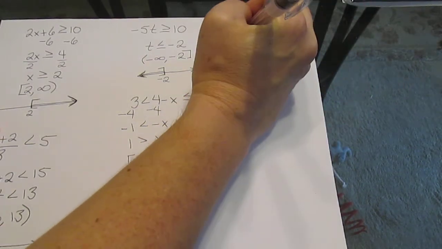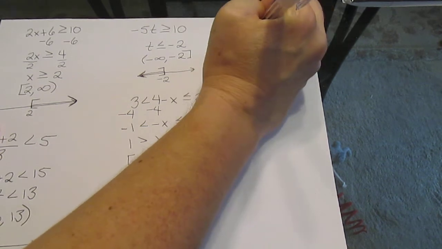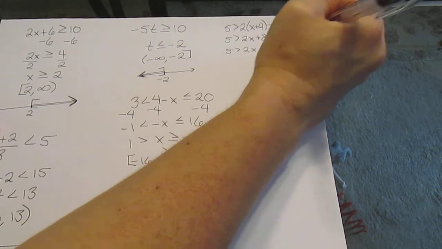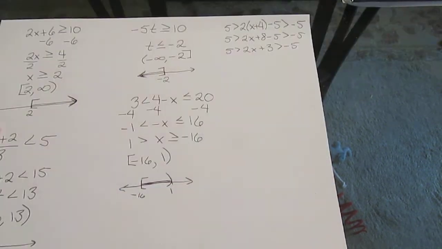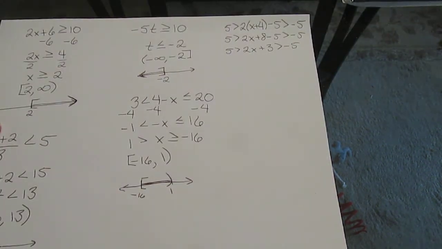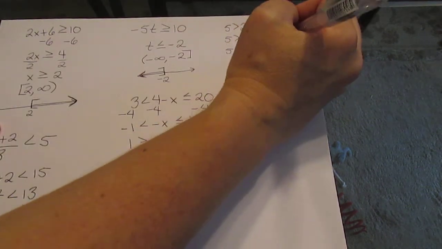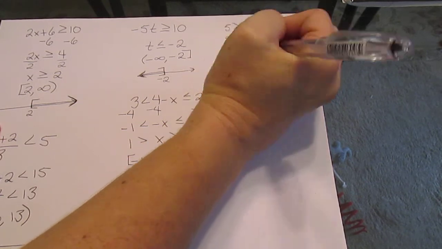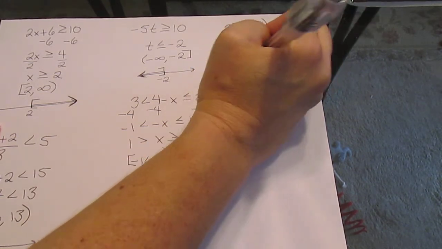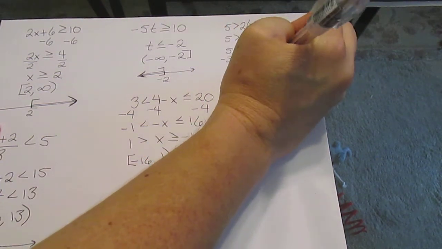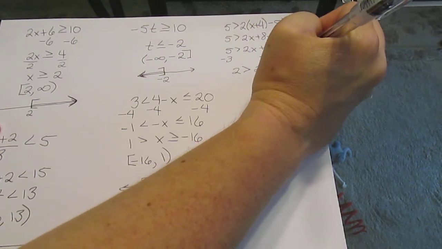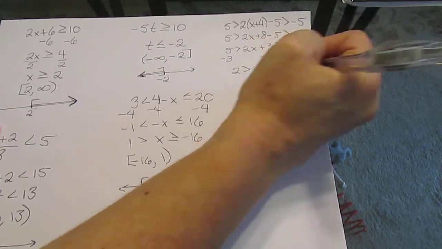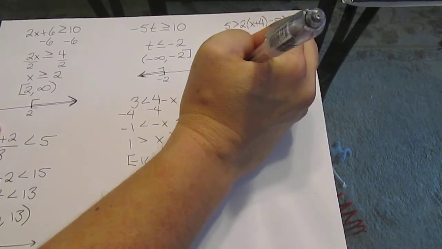Combine like terms. And now we're just getting x by itself. So I'll subtract 3 from all 3 parts. And divide by 2 from all 3 parts.